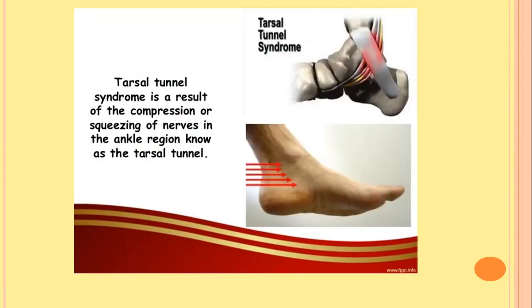I have mentioned this because in the upper limb we have seen carpal tunnel syndrome, and this is very much like it, because in carpal tunnel syndrome the median nerve is compressed while passing through the carpal tunnel, and here the nerves going to the plantar surface, that is the posterior tibial nerve, most commonly, while passing to the foot, pass through this tarsal tunnel and can be compressed by some disease process.